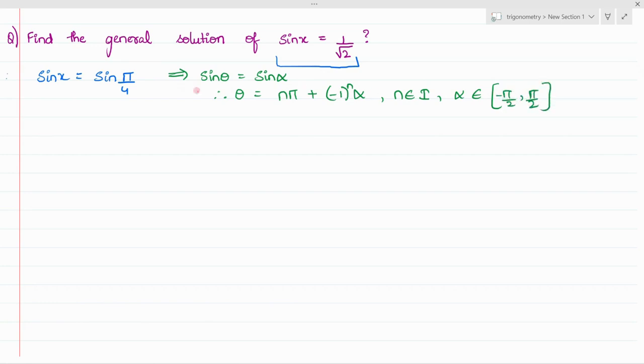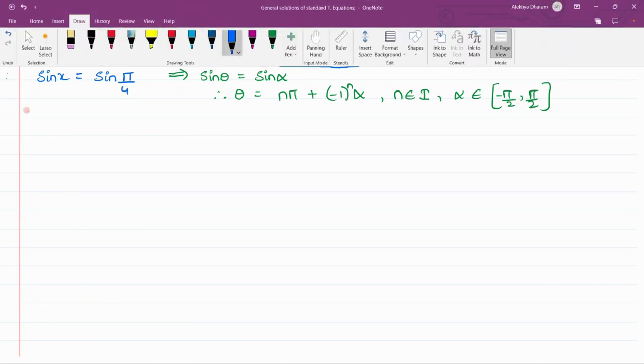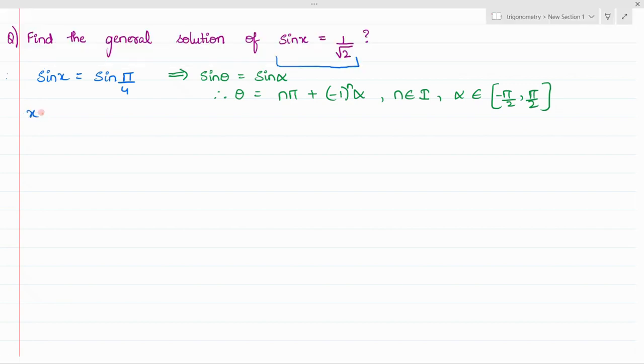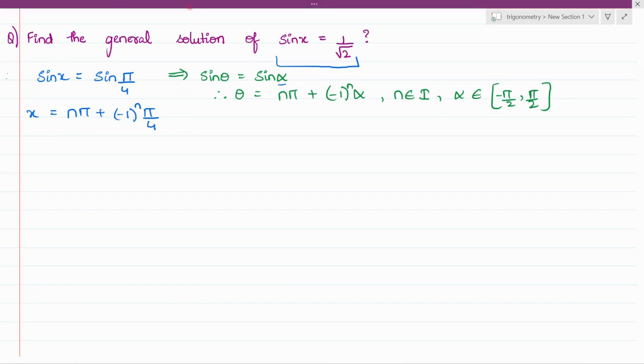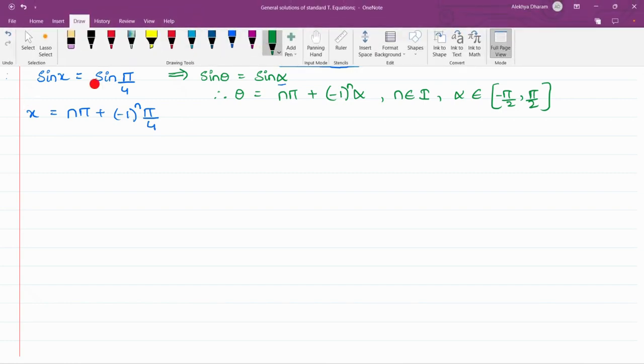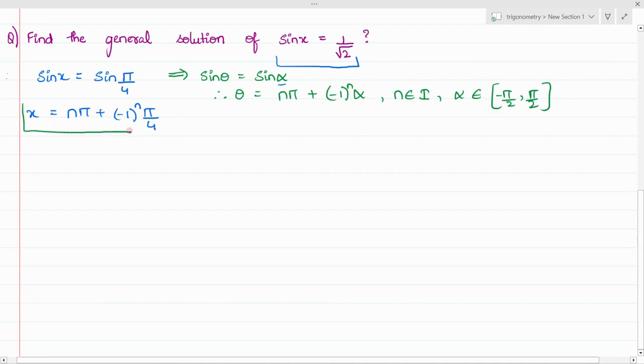This pi by 4 holds true for alpha because it lies in the range, right? So now this solution can be written as x equals, here theta is nothing but x, n pi plus (-1)^n pi by 4, because alpha is nothing but pi by 4. So this is the required general solution for sin x equals 1 by root 2.